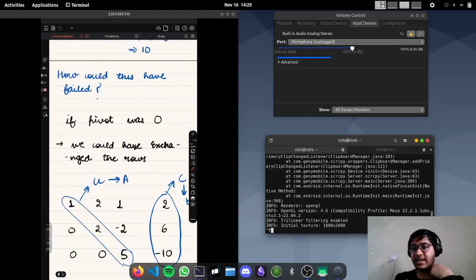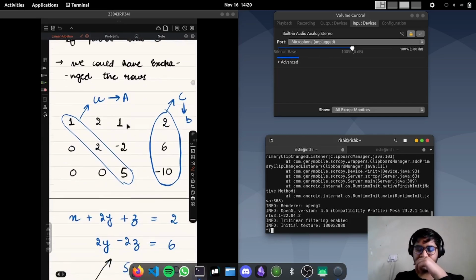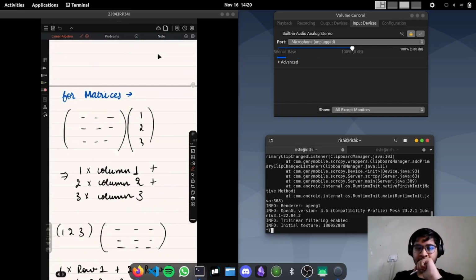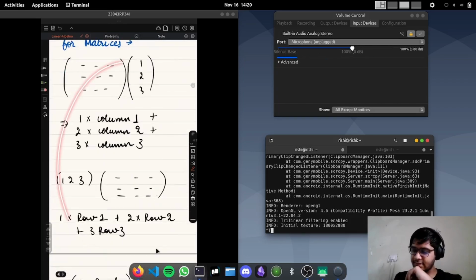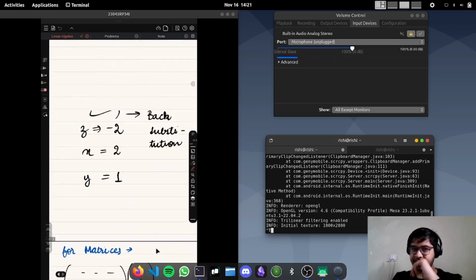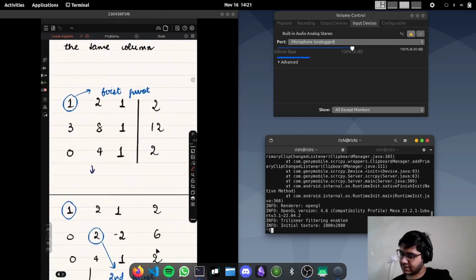So what we were doing here is row operations on these 3 by 3 entries, which is not a matrix yet, assuming these as variables, like x plus 2y plus z. But we can do the same using matrices. If we know this basic logic, we can take the old matrix. Let's say I go a little back above, see this matrix.